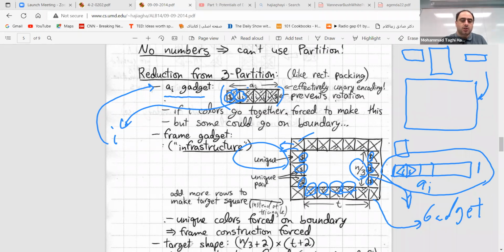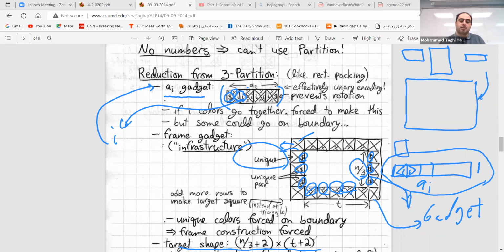And what is the target shape size? That would be n over 3 times t plus 2. Why t? What was t? T was the size of each bin in this 3 partition. We had n over 3 bins, and you want to put these guys there, and t was the size of these.